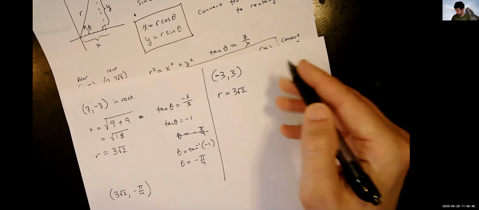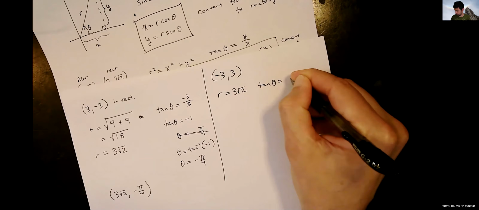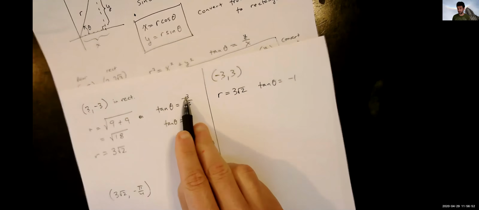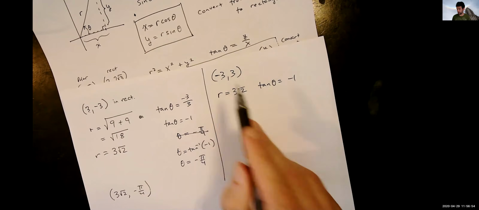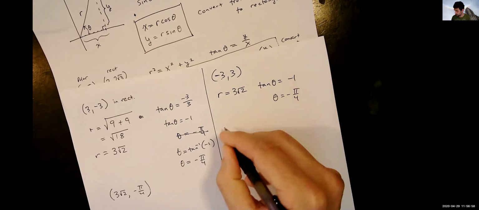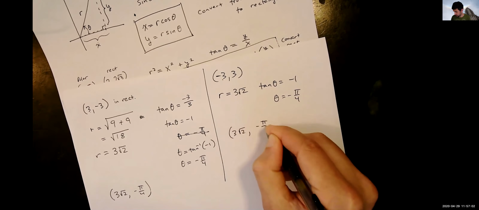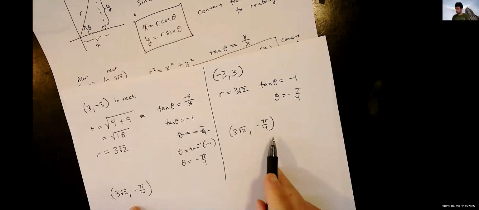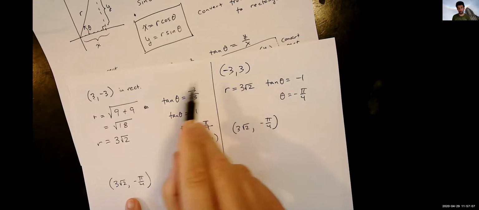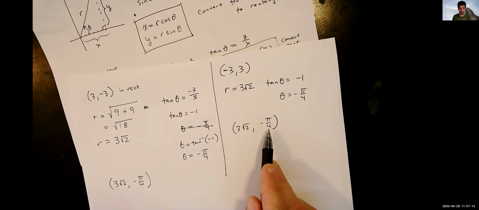What's also going to be clear is that the tangent of theta is still going to be -1, because instead of getting -3 over 3, I'm going to have 3 over -3, which means theta is still coming out as -pi over 4. Somehow these are two different points, clearly. These are both rectangular points. These are the same point. This can't be right.